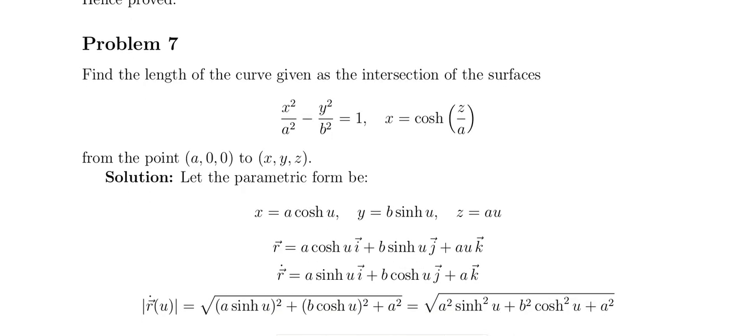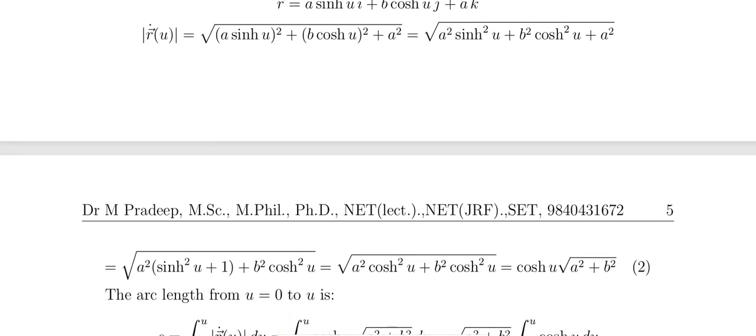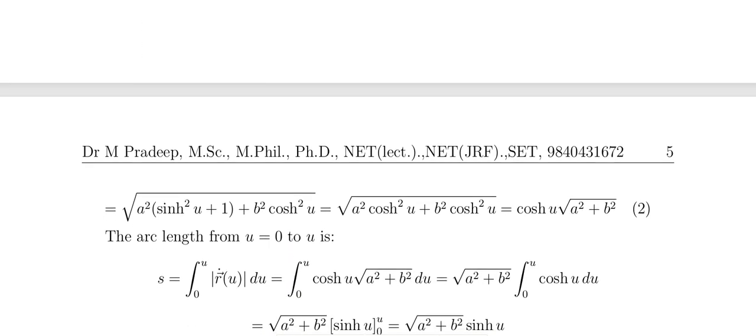Similarly, find the length of the curve given as the intersection of the surface x square by a square minus y square by b square equals 1, x equals a cos h of z by a, from the point a 0 0. With x equals a cos hu, y equals b sin hu, z equals au, take the vector formula and find mod of r dot u. With the known formula, sin h square u plus 1 plus sin h square theta is cos h square theta.